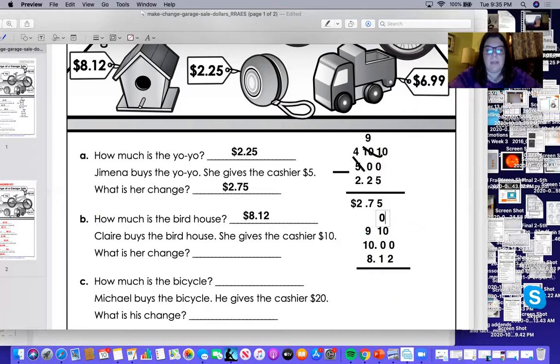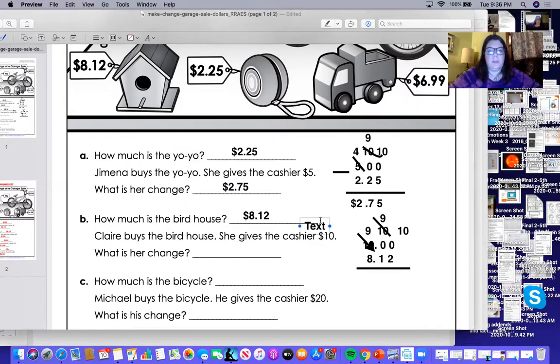So now I have 9 dimes and 10 pennies. Hopefully that's not too confusing. Let's see if I can cross out there. I crossed out the wrong thing. All right, good enough.